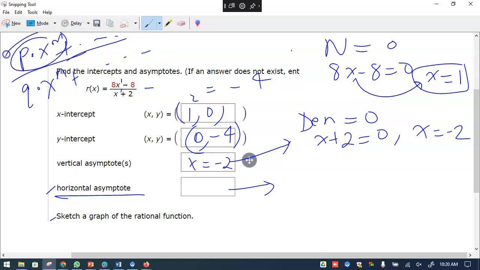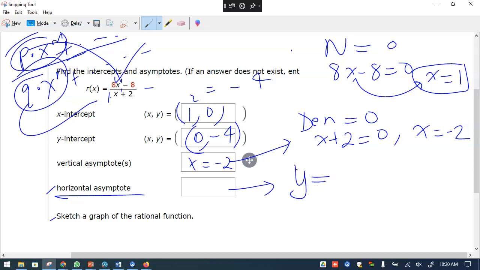The leading term matters to decide the horizontal asymptote when they have the same degree. So the degree is 1, P is 8, Q is 1. So the horizontal asymptote is y equals p over q. That's all it is. P is 8 and Q is 1, so that's 8. So this is y equals 8.